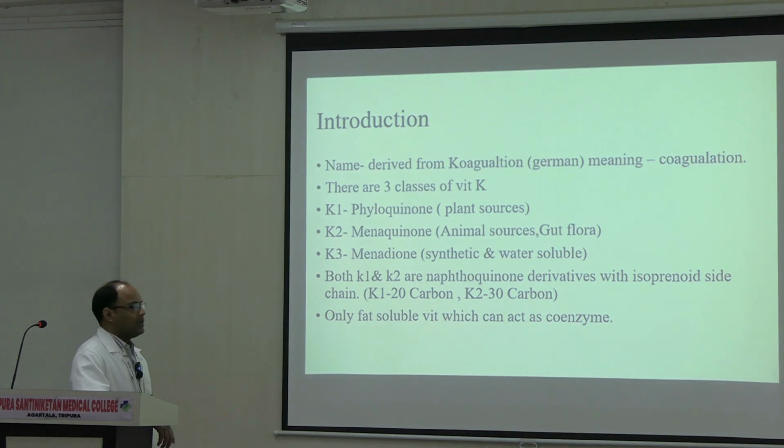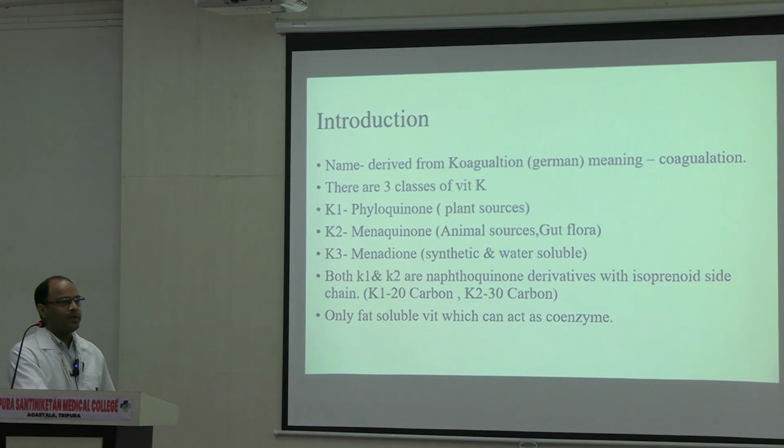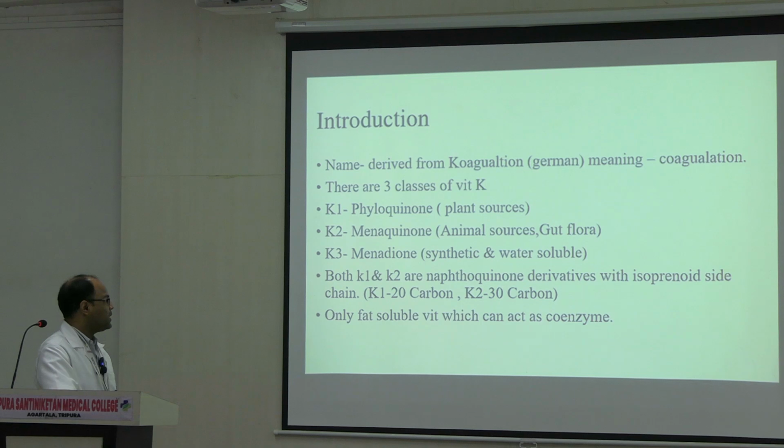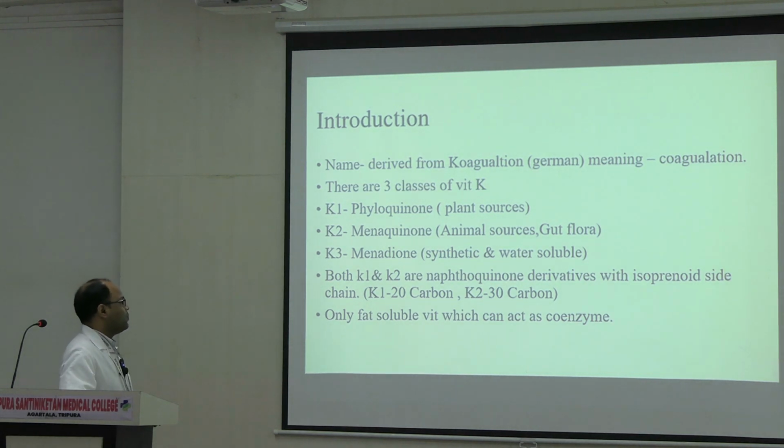There are three classes of vitamin K: K1, K2 and K3. K1 and K2 are derivatives of naphthoquinone with an isoprenoid side chain. K1 has a 20 carbon side chain and K2 has a 30 carbon side chain.